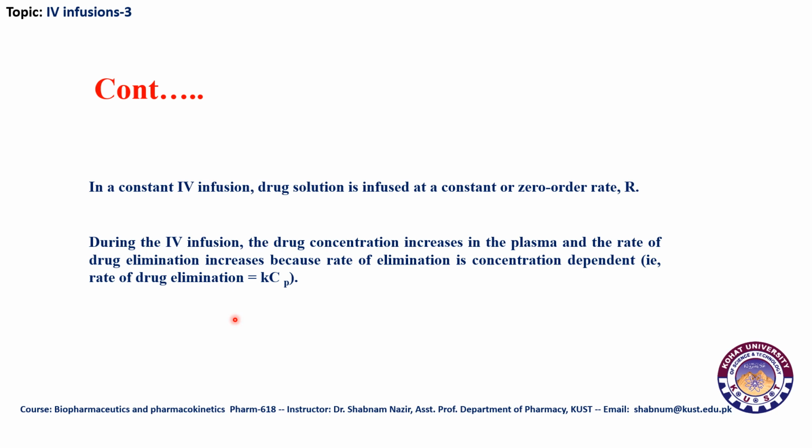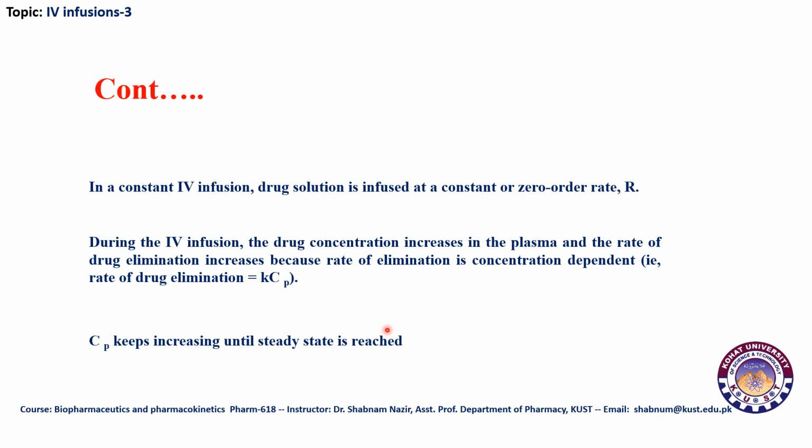Basically, first order means that the rate of the process, whatever process it is, is directly proportional to the concentration or amount of the drug. So the concentration keeps increasing until the steady state is reached, and steady state is a stable state.